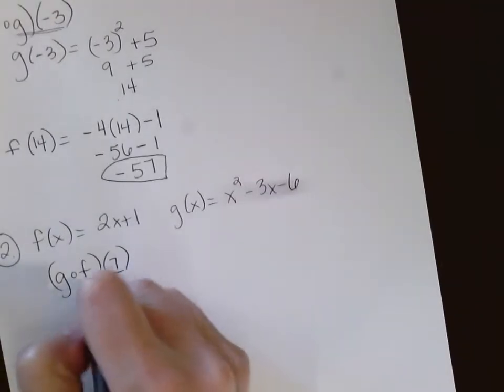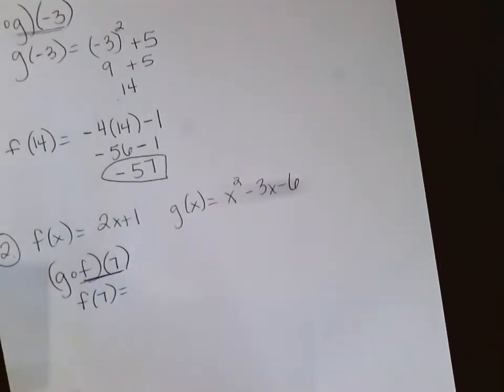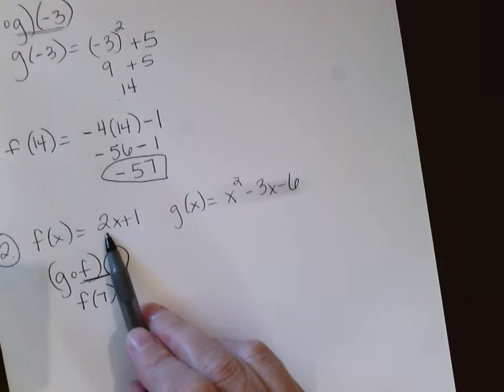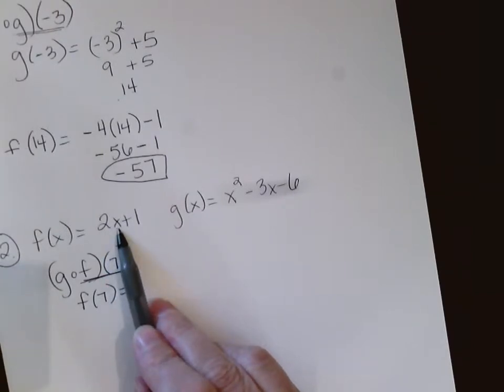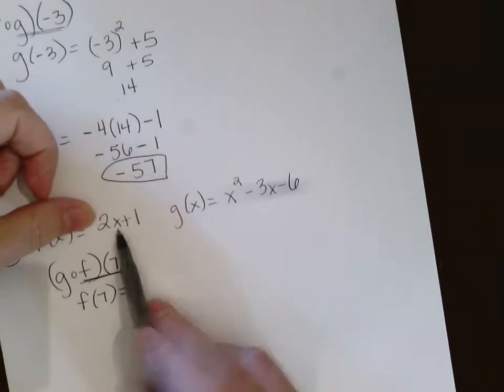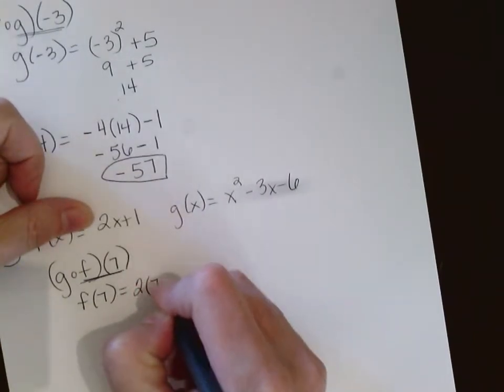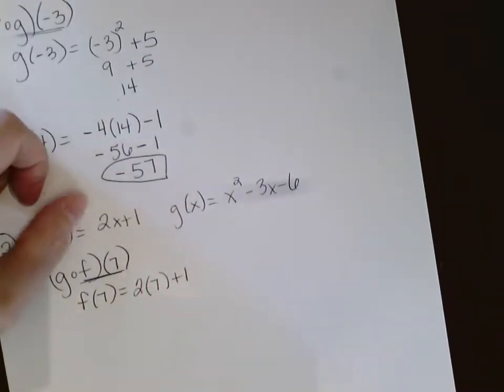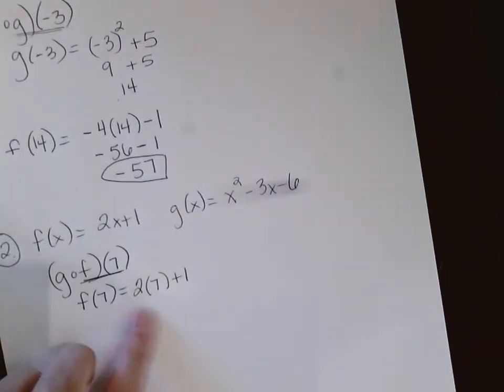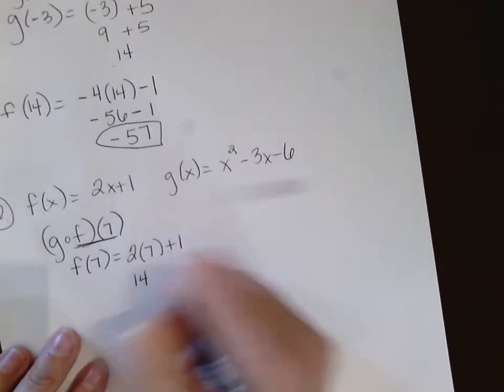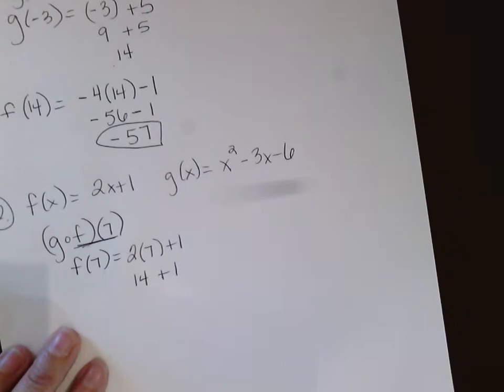So I'm finding f of 7, which means to go to my f function and replace this x with a 7. So if I do that, I'll have 2 times 7 plus 1. 2 times 7 gives me 14. Bring down the plus 1, which gives me 15.